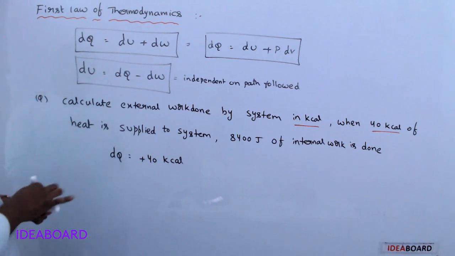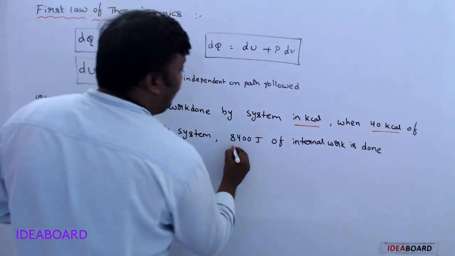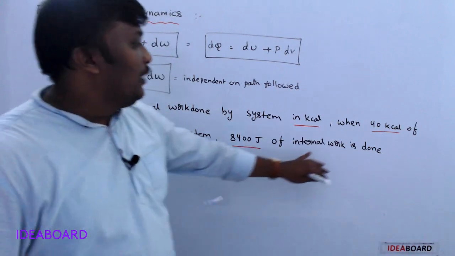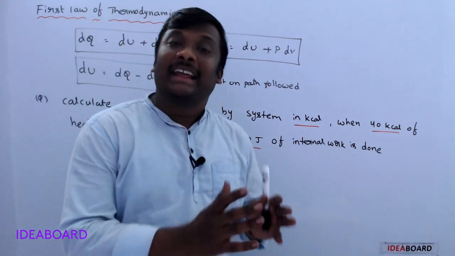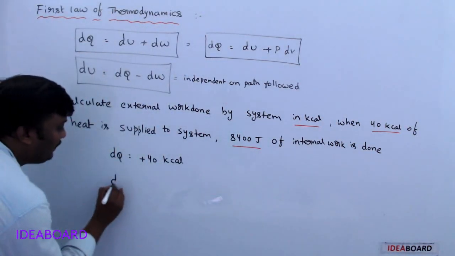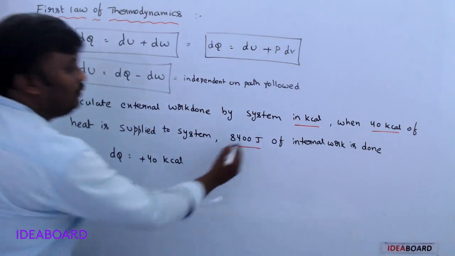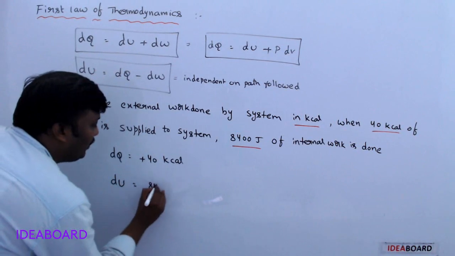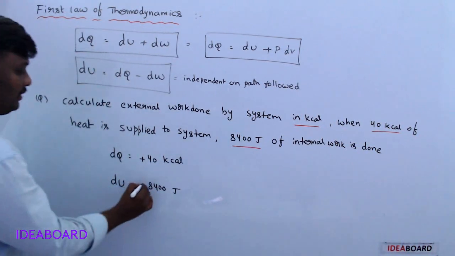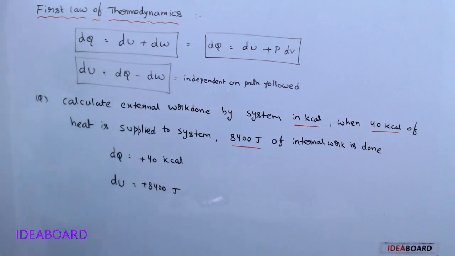Okay, and 8400 joules of internal work is done. Internal work is nothing but the internal energy here. So how much internal energy is given? du is equal to 8400 joule. Understand now? This is also positive.